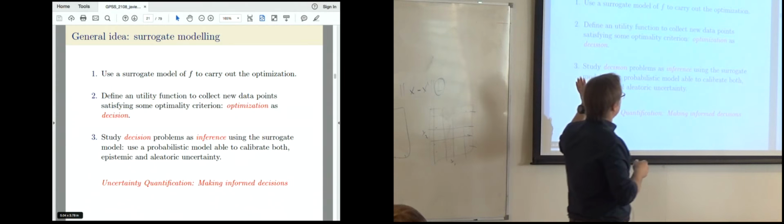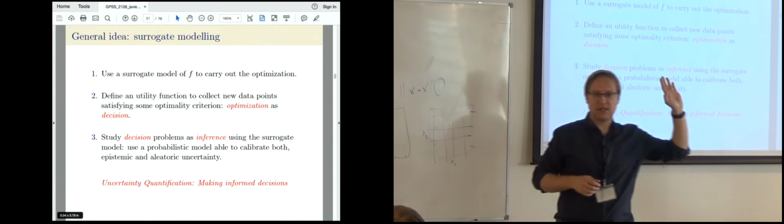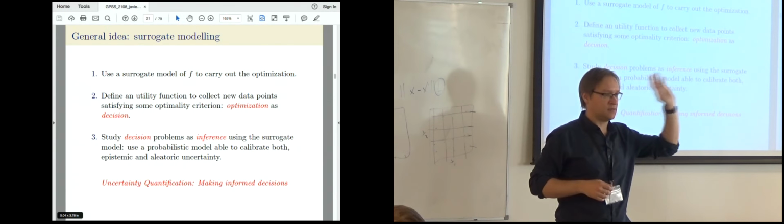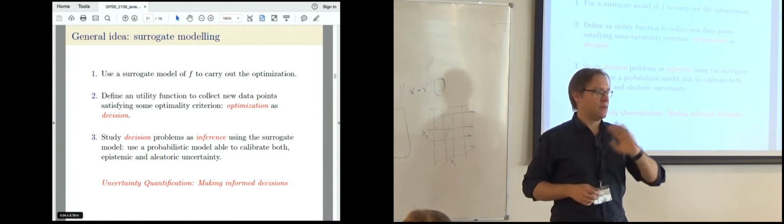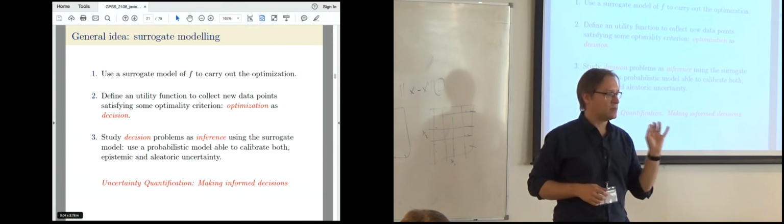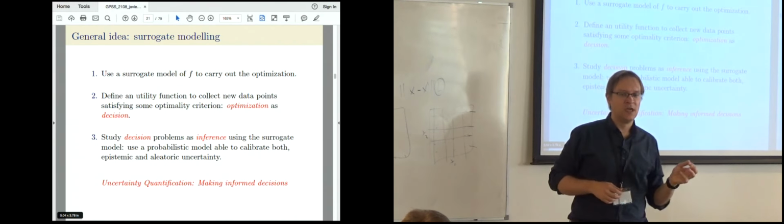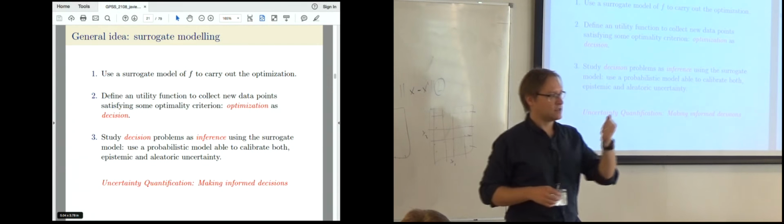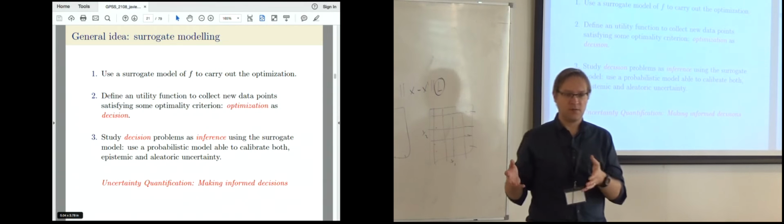Interestingly, remember that at the beginning we had a deterministic problem, an optimization problem, right? The way we are going to solve this problem is by selecting a few locations where we believe we are going to learn a lot about where the minimum of the function is. So in a way, we are transforming an original optimization problem into a decision problem, right?